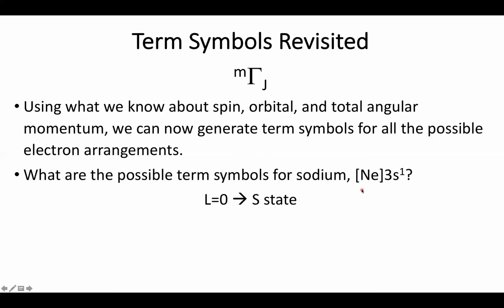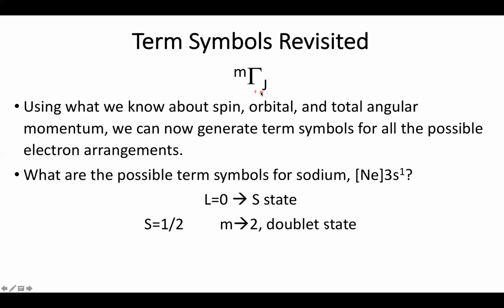Woohoo! Then I have a single electron, which makes determining the total spin fairly straightforward, as it has to be 1/2, which gives me a multiplicity of 2, or a doublet state. So now I have most of the term symbol done. All I have left is the J value.